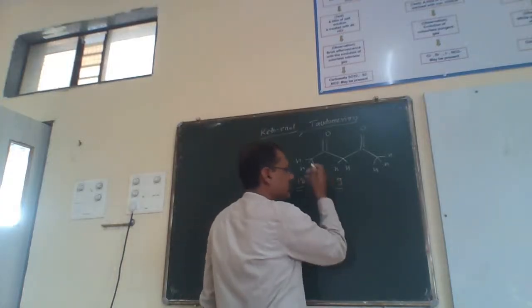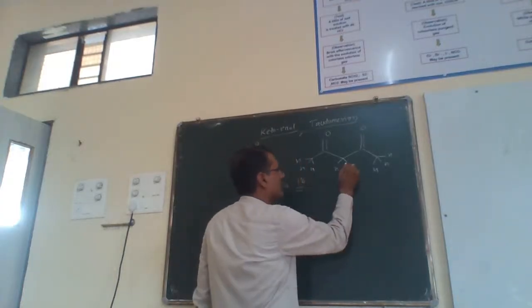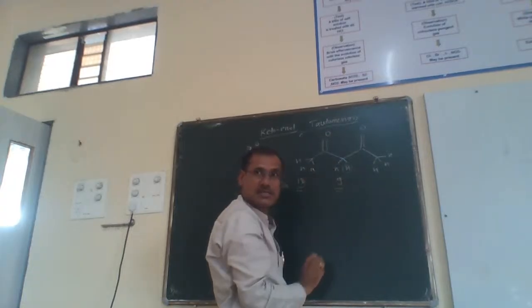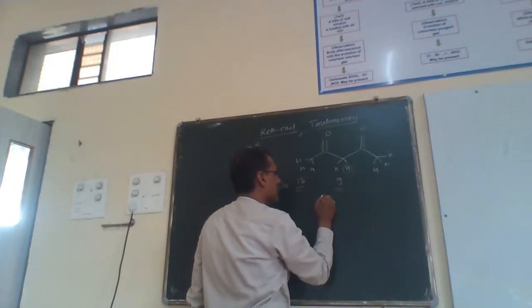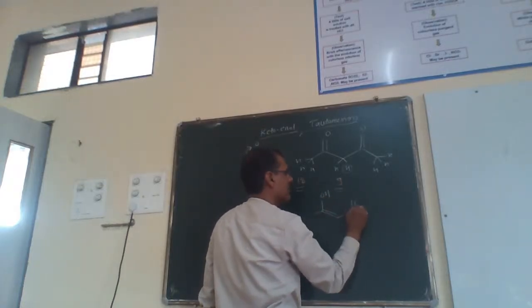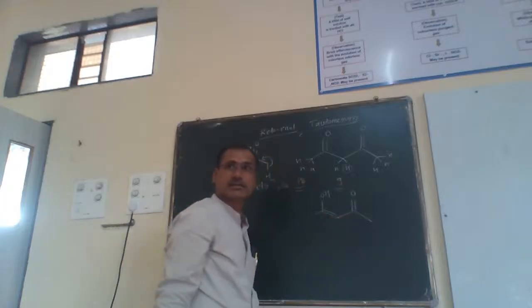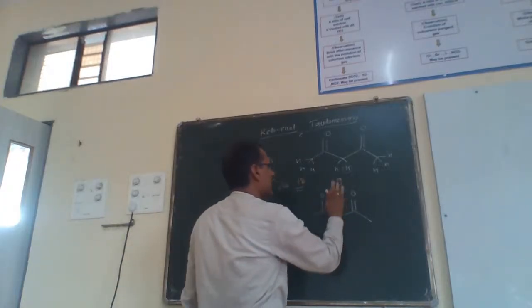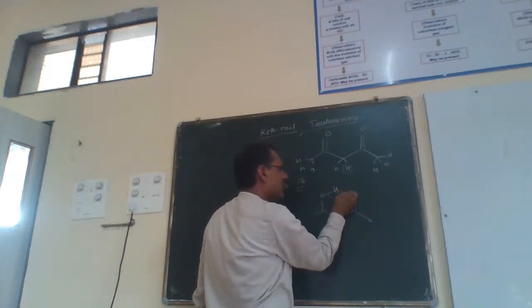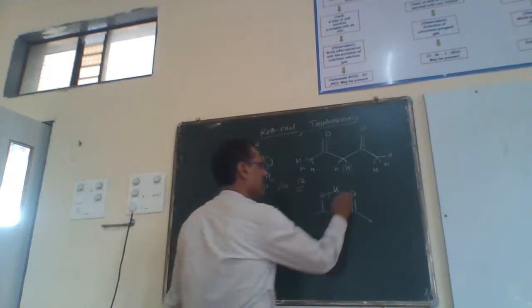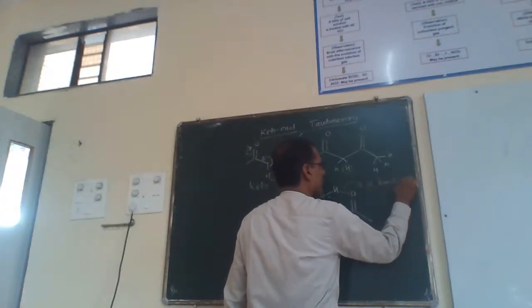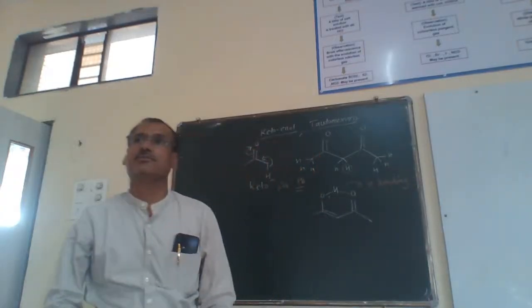Now, if you try to make an enol of it, you can take this hydrogen, either on this side or on this side. What will happen? If I take it on this side, I will make it a double bond, double bond O and CH3. Now this hydrogen is very close by to the oxygen and it offers an excellent intramolecular hydrogen bonding.